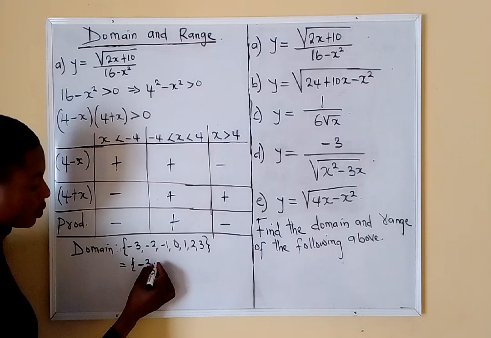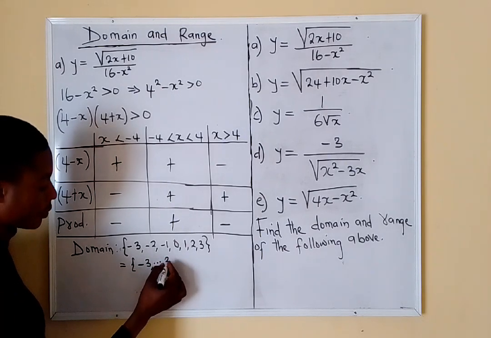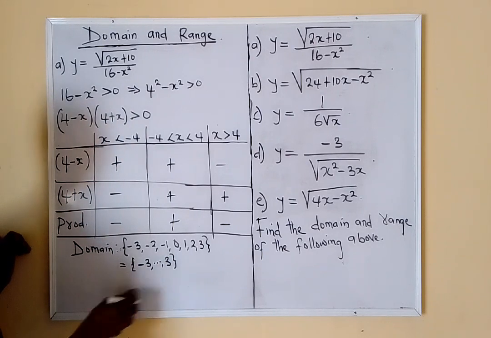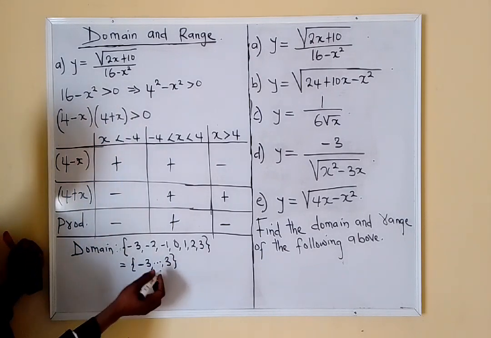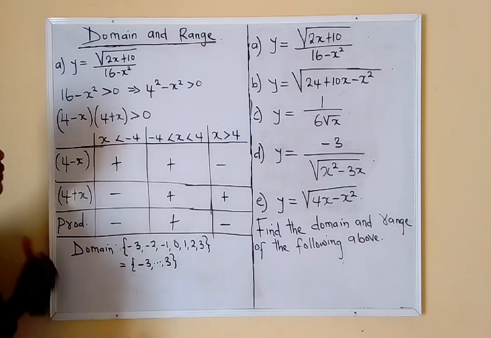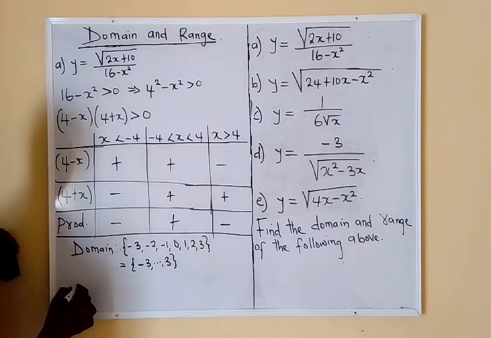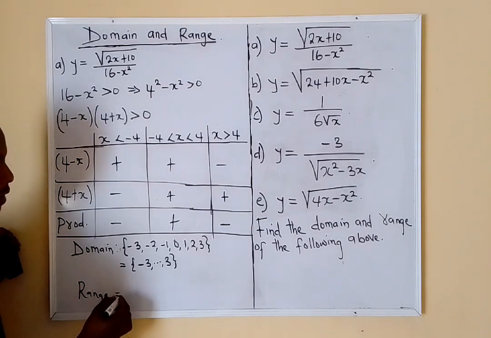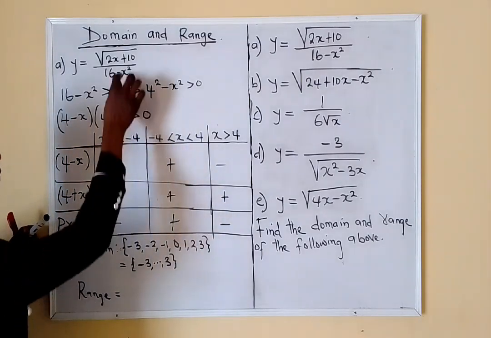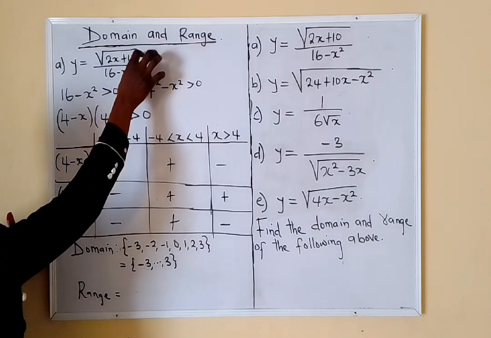The next step is to find the range. To get the range, we simply substitute the values that are here into the given original function. At times it's not needed to show all the workings, but if you want to show, it's good. So let's substitute minus 3 into this given function.